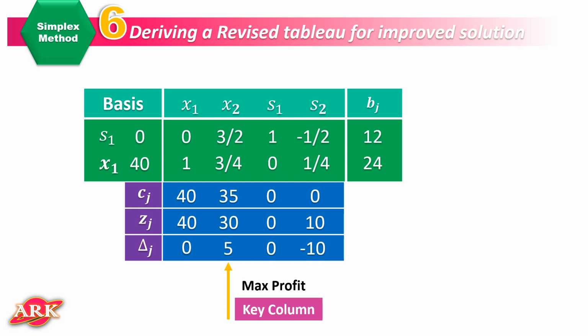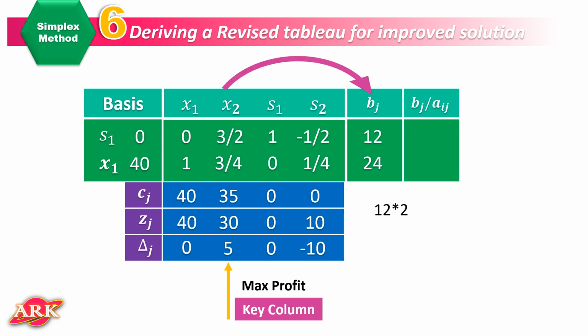The x2 is the key column, and what we have to do is divide the bj values 12 and 24 by the coefficients of x2, and let's see what we get. 12 divided by 3 by 2 gives us 8, and 24 divided by 3 by 4 gives us 32.